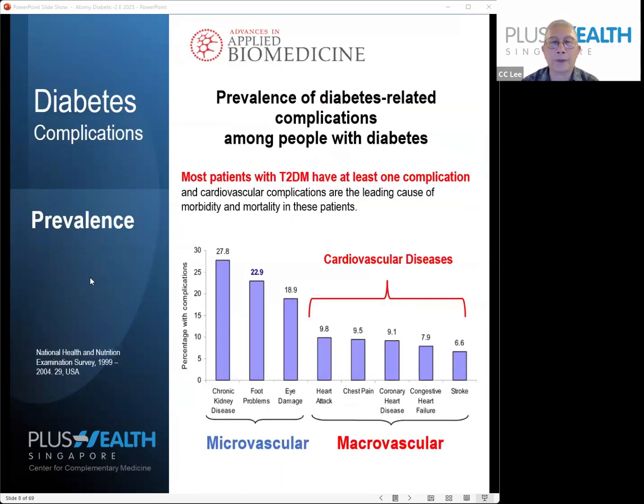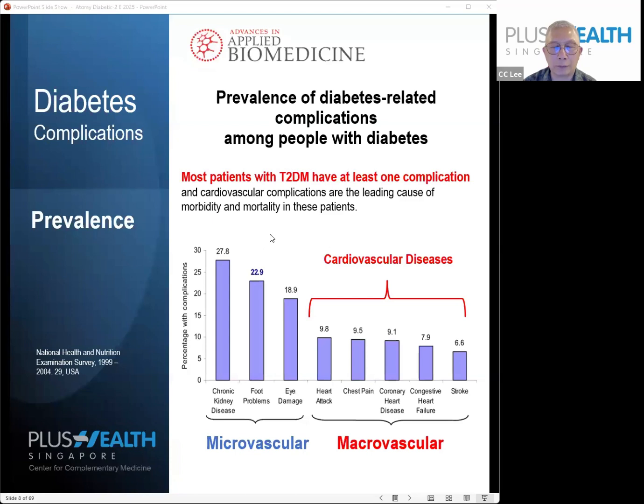So let's look at the prevalence of diabetes-related complications. This is an overall view of the types of complications that diabetic patients will have and how prevalent they are. You will see from here that microvascular complications are more prevalent than macrovascular complications. Microvascular complications are complications related to the fine, small blood vessels.